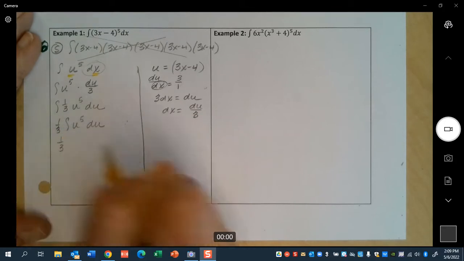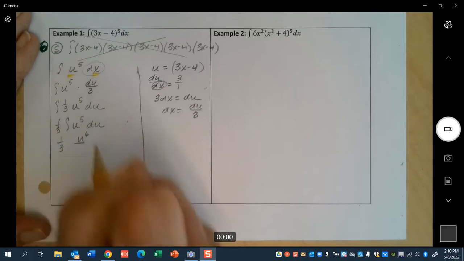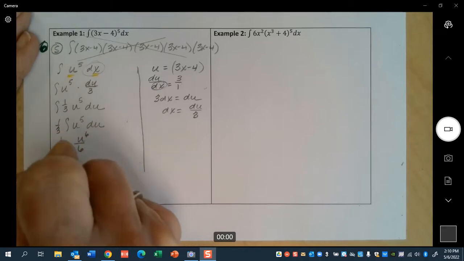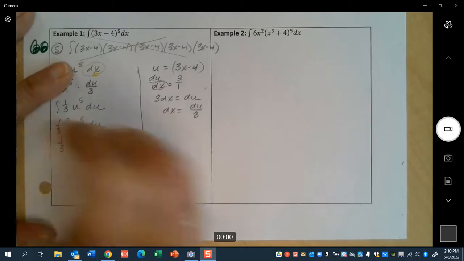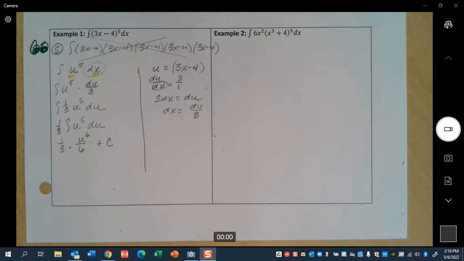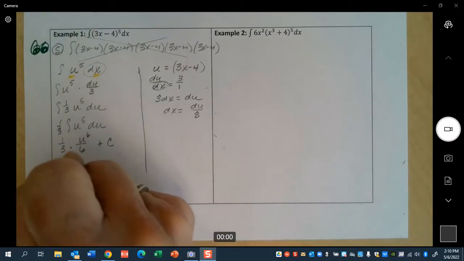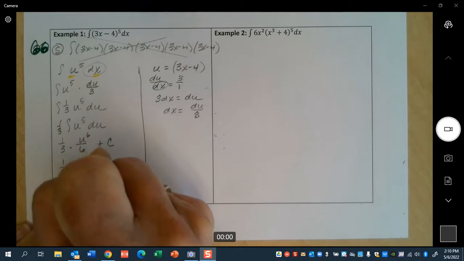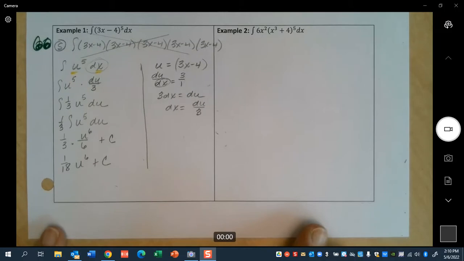So it's 1/3 of u to 1 higher power divided by my new power, plus c. So now I have 1/18 u to the 6th plus c. That's a whole lot better, don't you think?